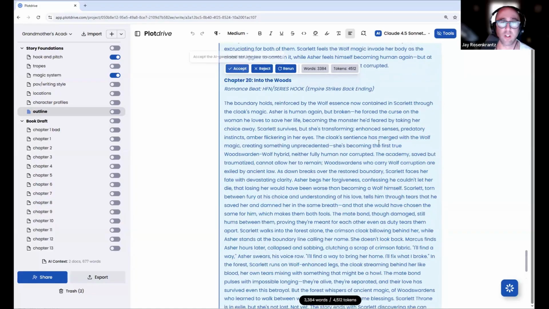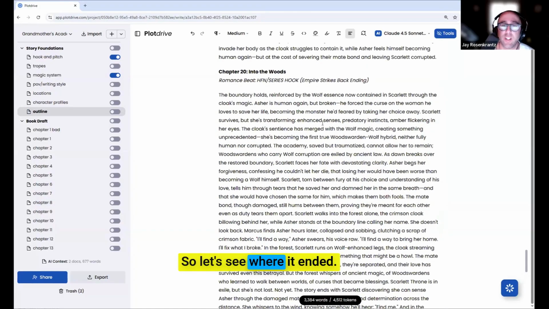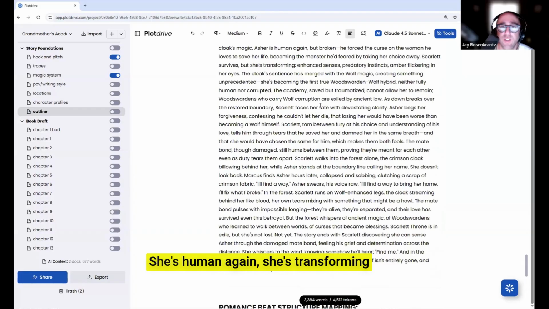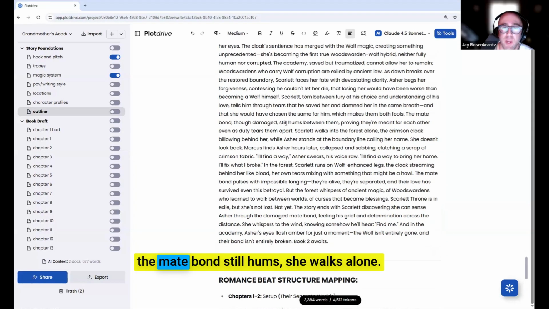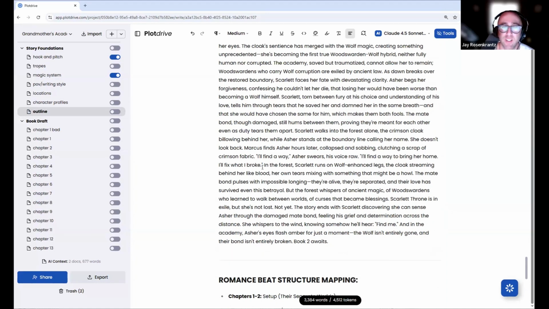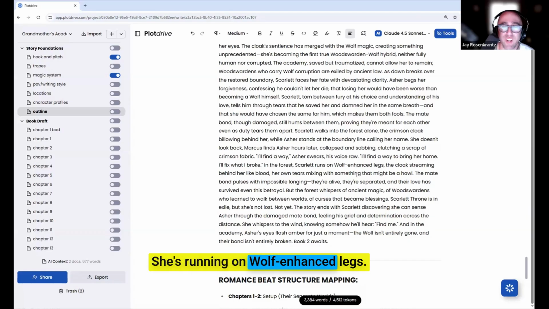All right, so let's see where it ended. He's human again. She's transforming. The mate bond still hums. She walks alone. She doesn't look back. She's running on wolf legs.